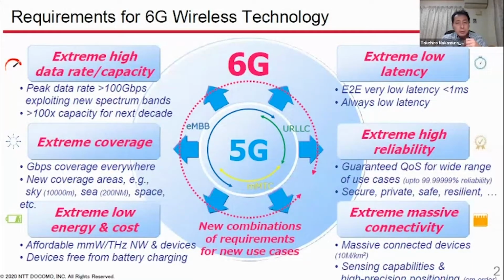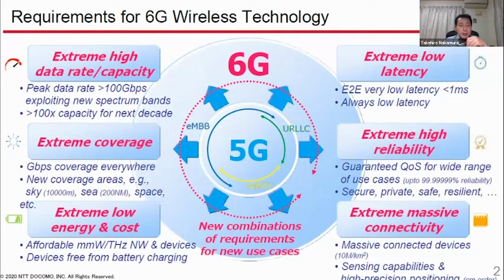These are the requirements for the 6G, and of course, we need much higher performance than 5G. From the left top, extreme high data rate capacity. Every generation, we need to achieve a very high data rate, and we set the target data rate at more than 100 gigabps.